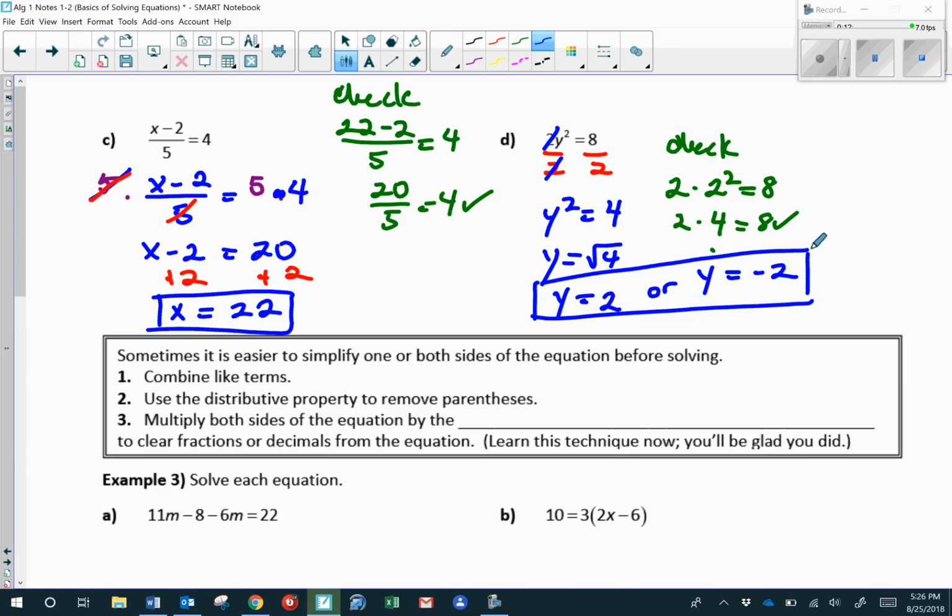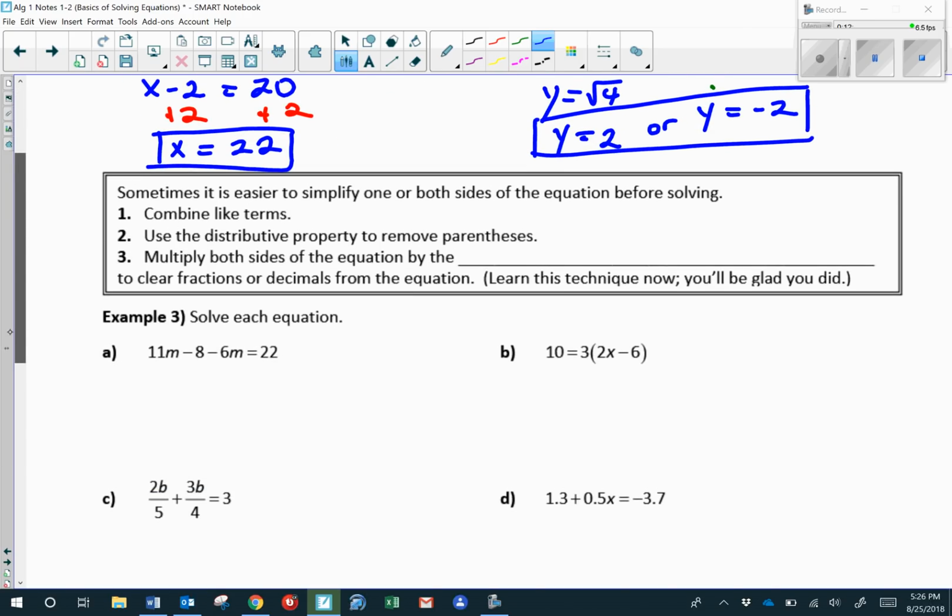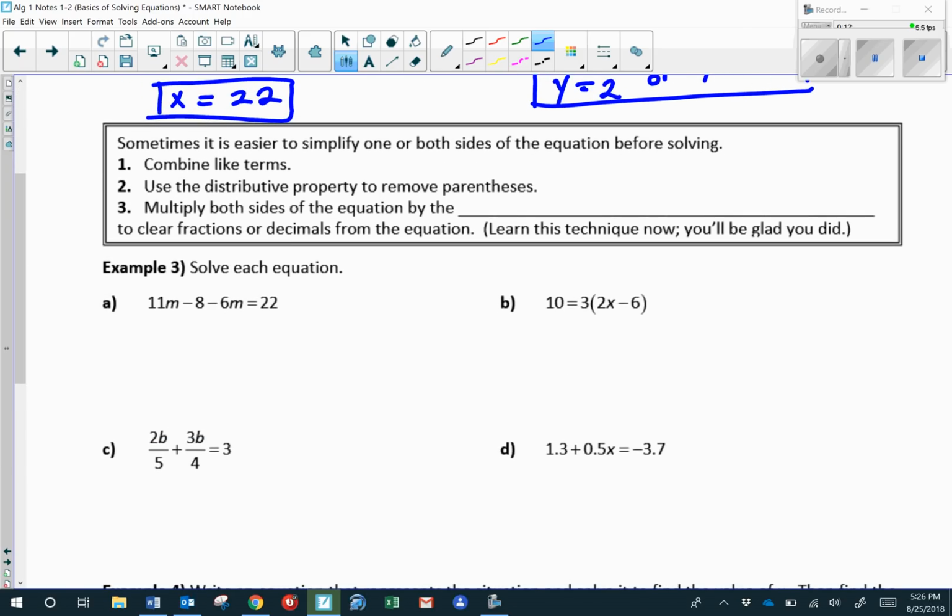All right, sometimes it's easier to simplify one or both sides of the equation before solving. So things that we can do are combine like terms, use the distributive property, just to make the equation look a little bit simpler before we start solving.